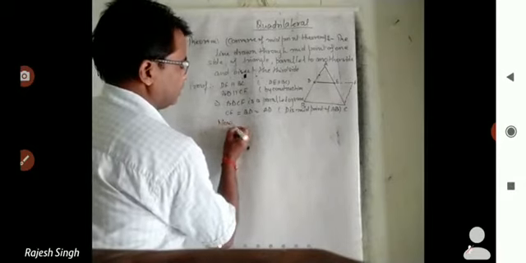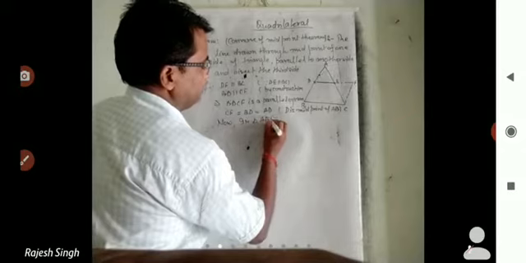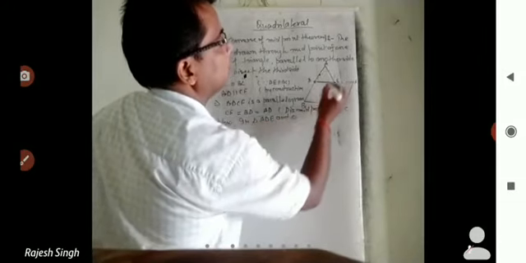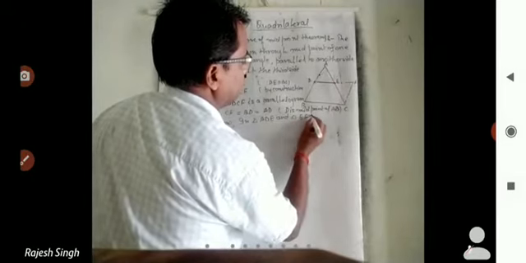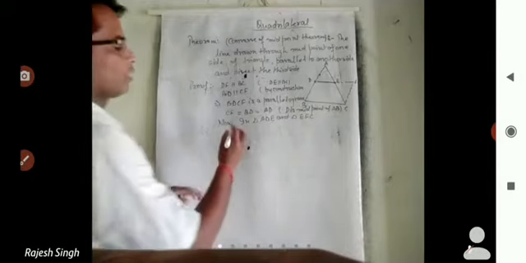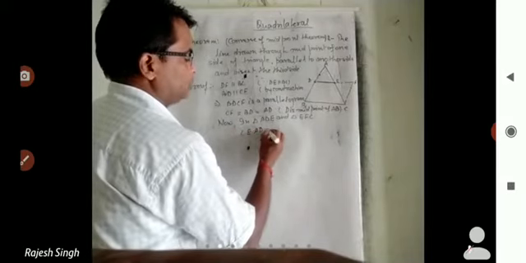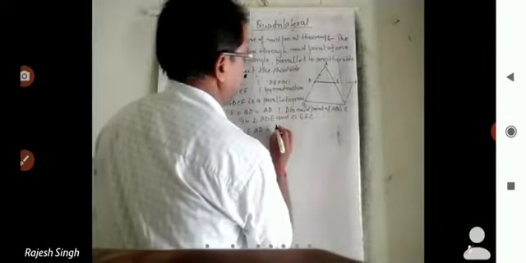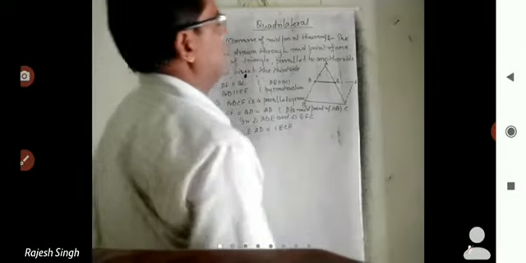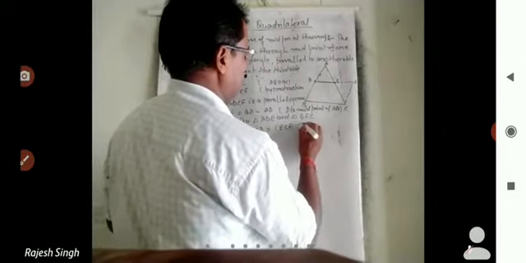Now in triangle ADE and triangle EFC, you see all of you, angle EAD is equal to angle ECF, alternate interior angle.